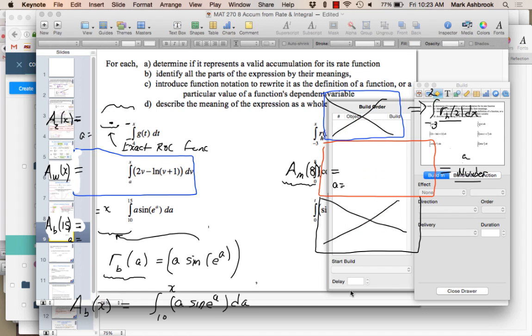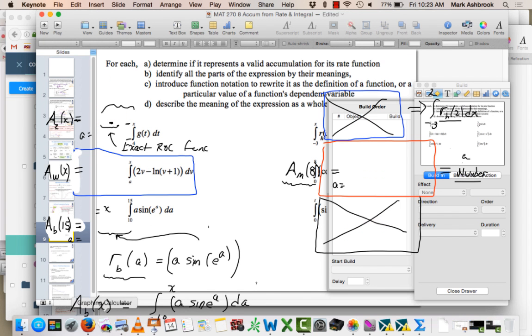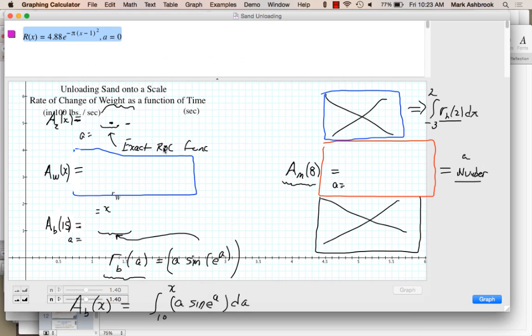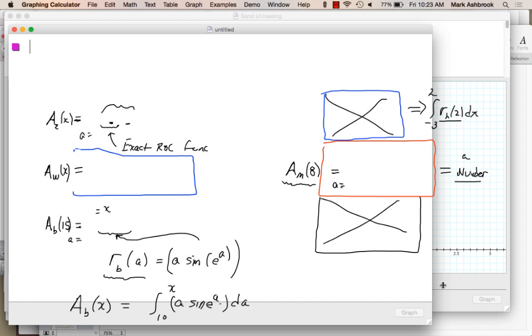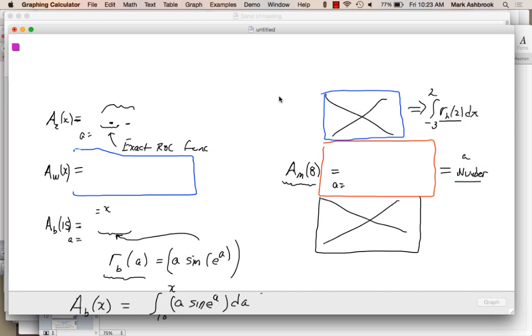Does anybody remember what it was? I can do 0 to 8 of cosine x plus x cubed.